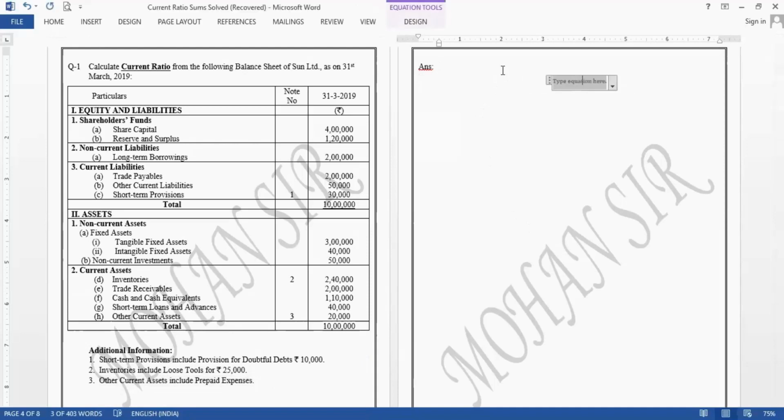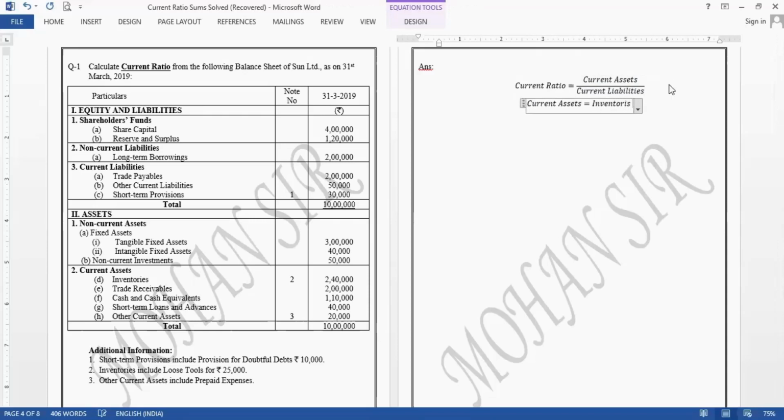Let me write the formula for current ratio. So current ratio is equal to current assets upon current liabilities, right? So this is a formula: current assets upon current liabilities. Okay, let me write the contents of current assets over here.